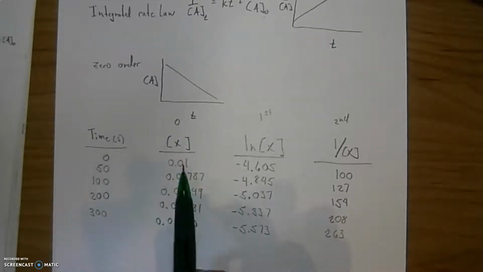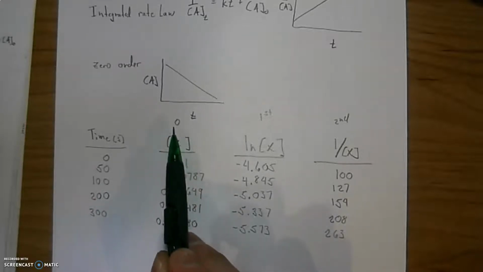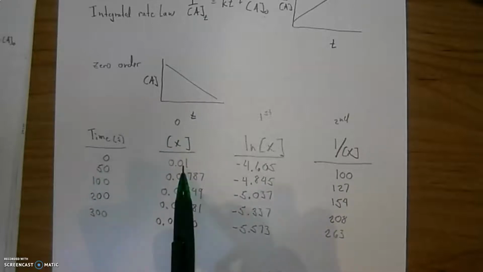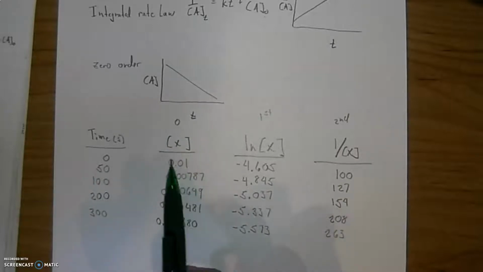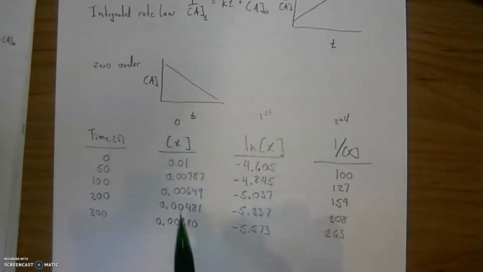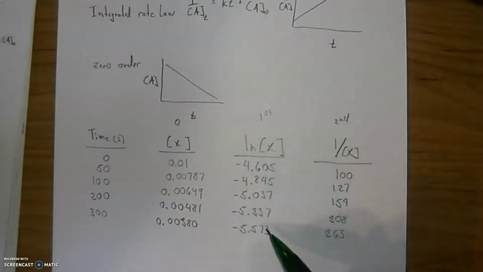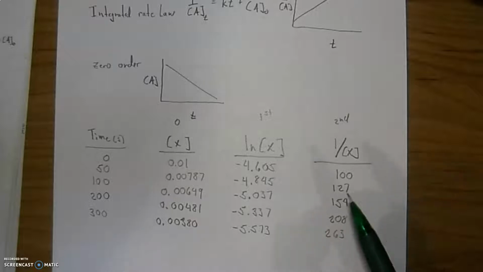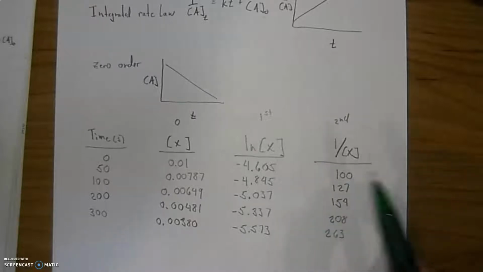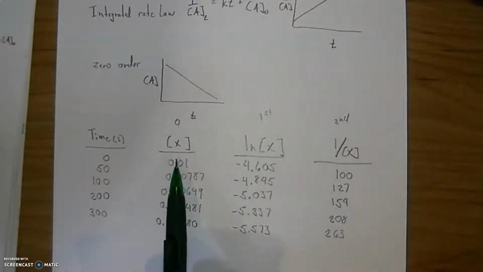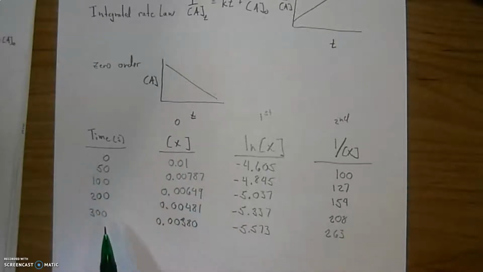But this particular reaction is changing in concentration in a zero order manner. In other words, if I double the concentration, I could see how it would behave based on how this one is behaving. And the same thing goes with this. I could determine its first order or second order based on how it is behaving for this one particular reaction with its change in concentration with a change in time.